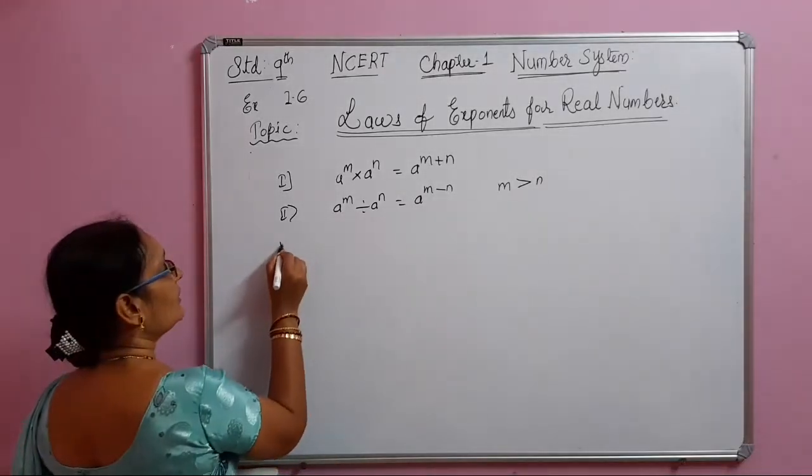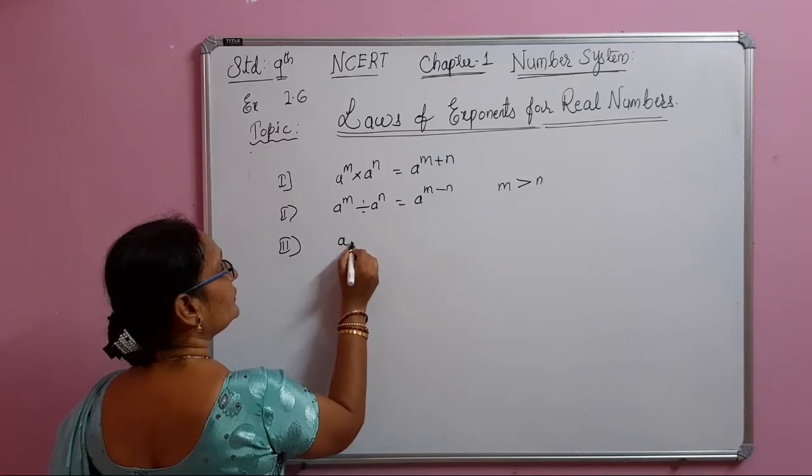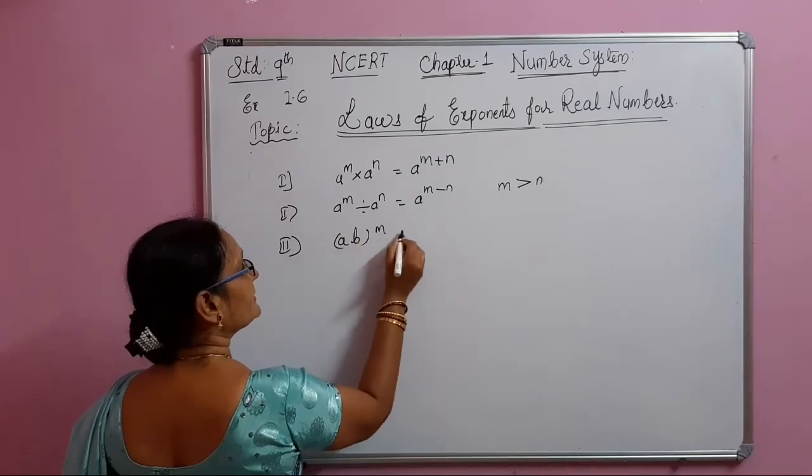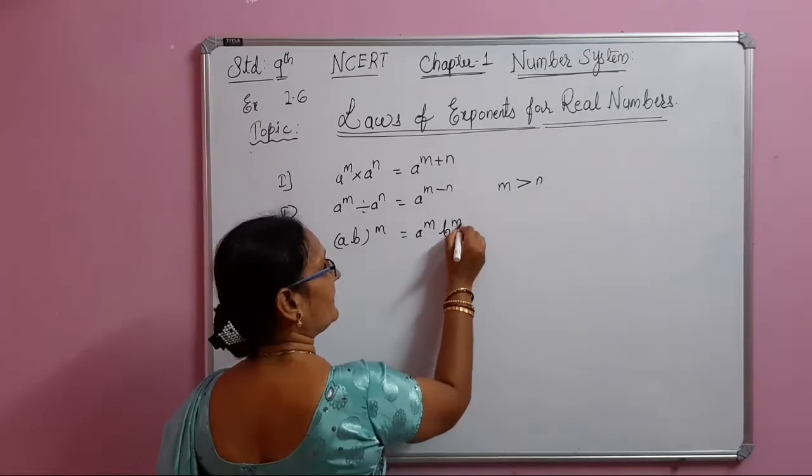Then the third law of exponent is ab to the power m is equal to a to the power m into b to the power m.